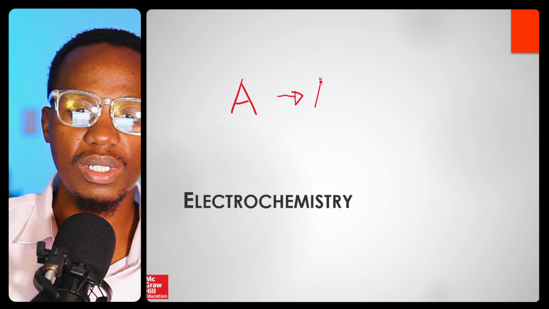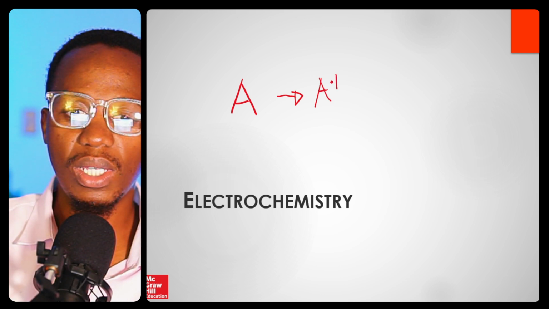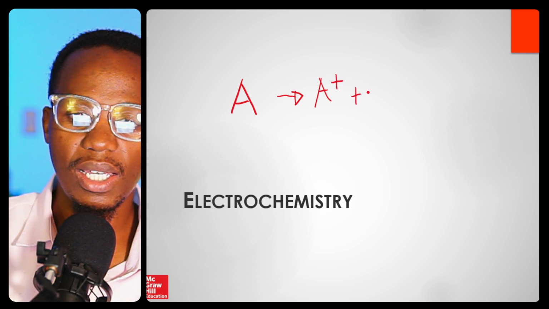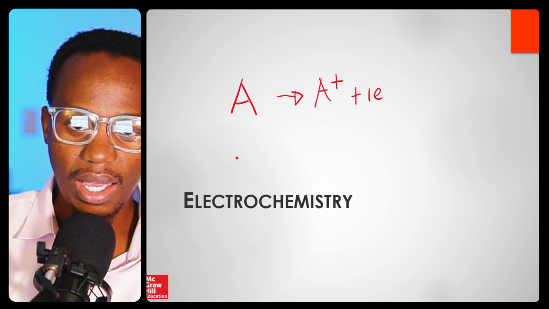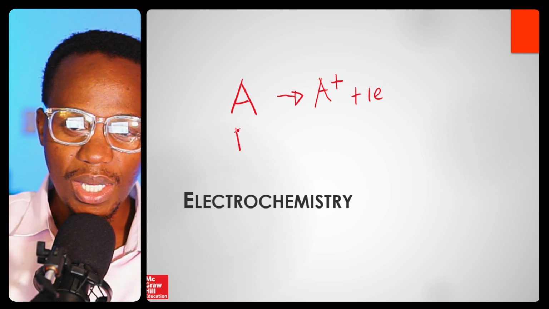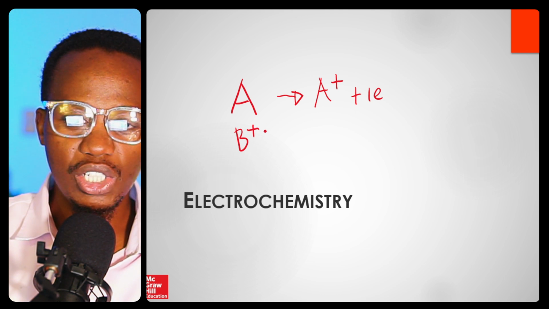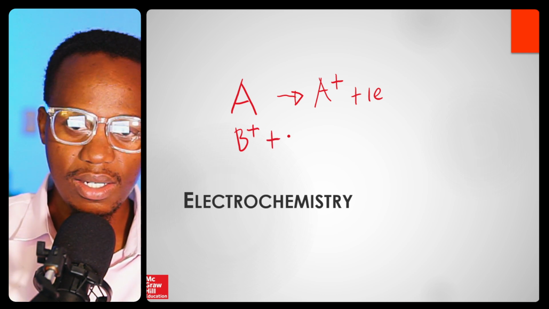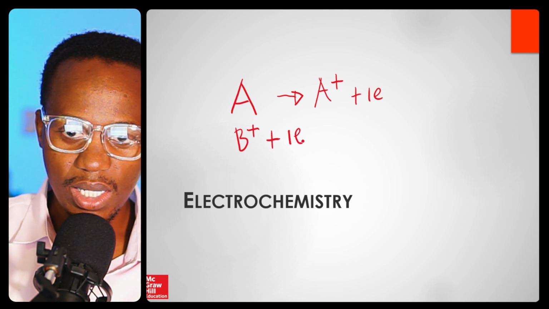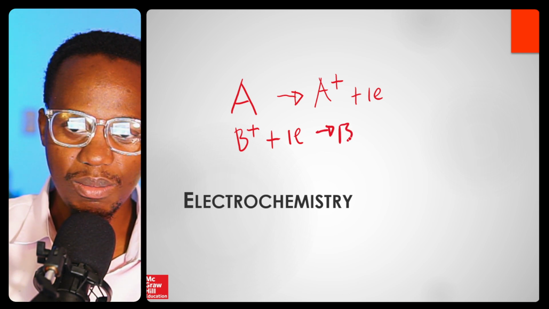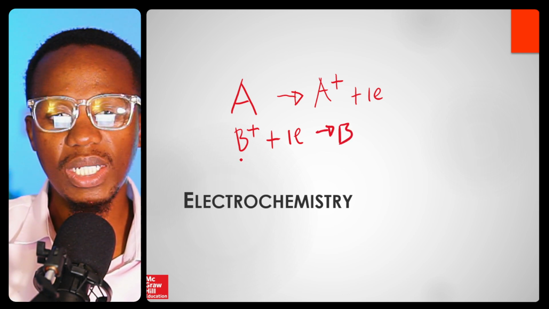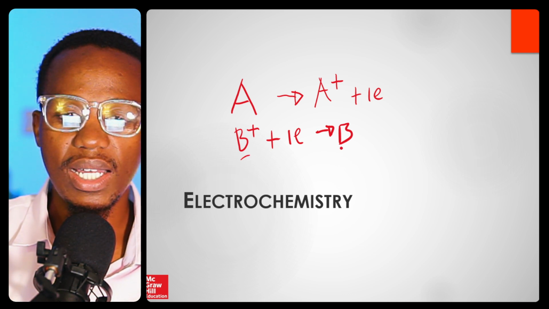We become positively charged. So A can become A plus plus 1 electron. Let's say it loses 1 electron, and guess what? B, that's already positively charged, can gain 1 electron to become B, right? So positively charged because it needed an electron. Now we gain that electron, right?